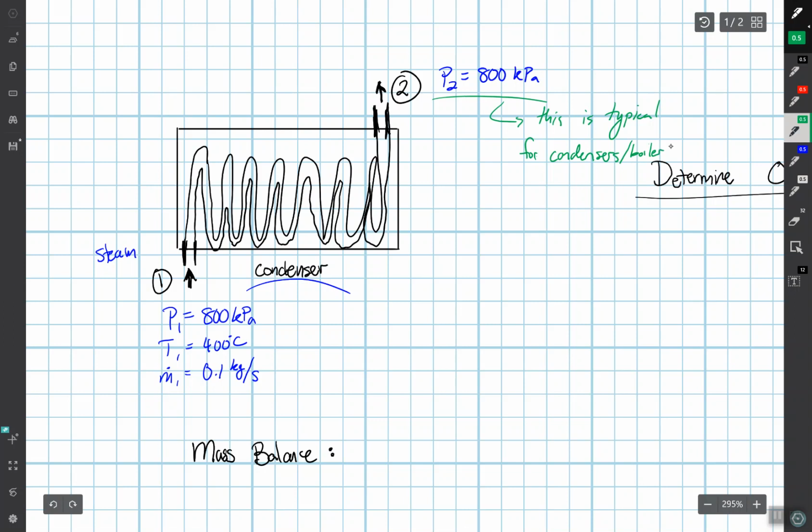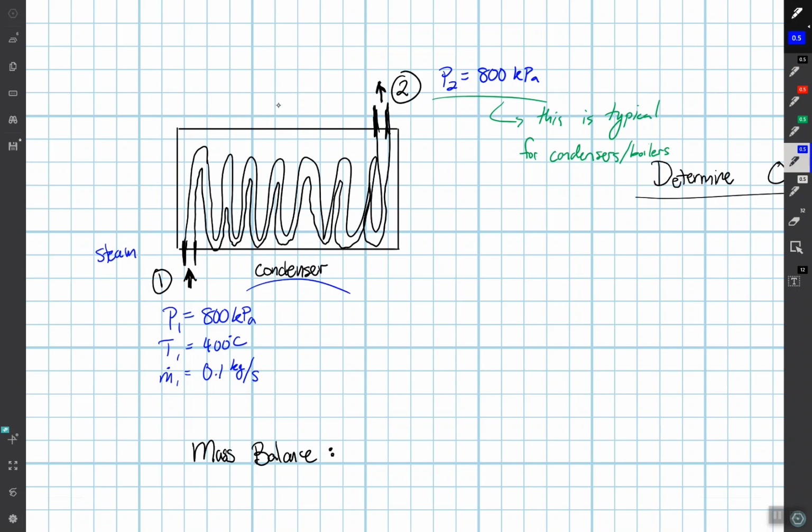Or boilers. Right, a condenser or a boiler is something where you're either adding heat or taking heat away. So typically we don't have large pressure changes, we have temperature changes.